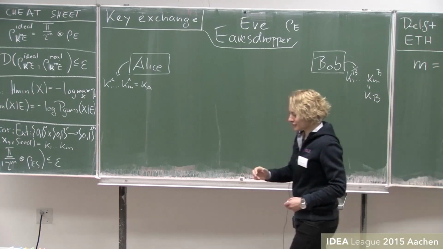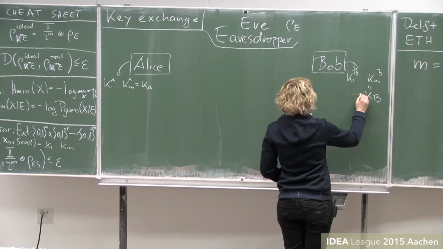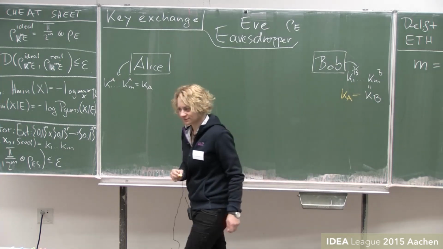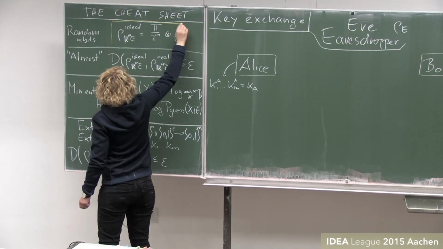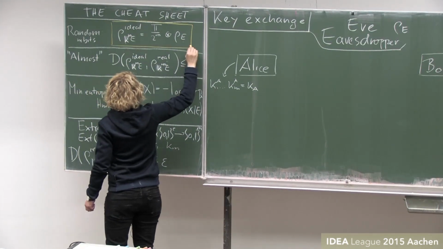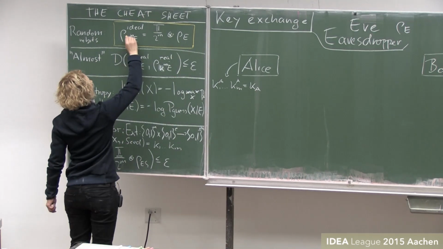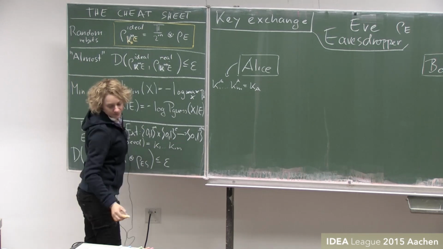And in fact, the crucial demand that we're going to make is that these here are the same as the ones that Alice produces. Okay, so maybe let me put here K.